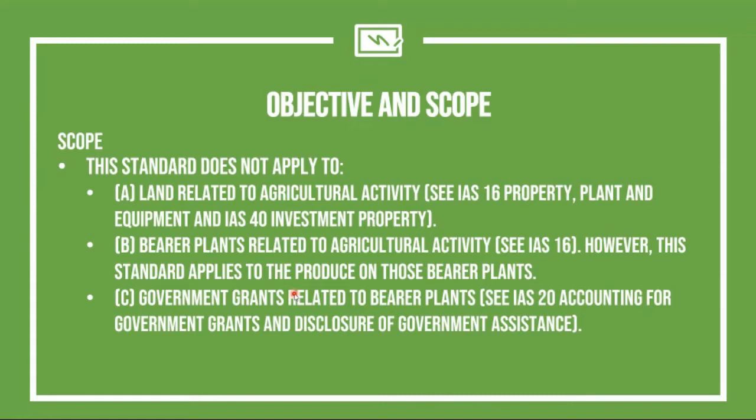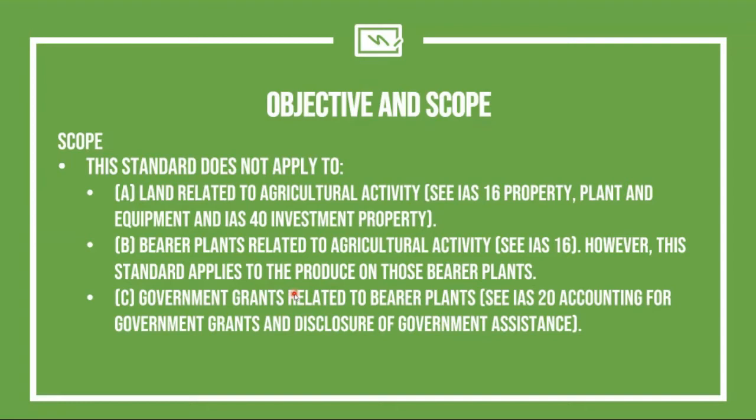So property, plant, and equipment covers bearer plants. We will discuss later on what these bearer plants are. However, the produce that we will get from bearer plants will already be covered by IAS 41. So whatever is harvested from the bearer plant will be covered by IAS 41 as long as it is still at the point of harvest.